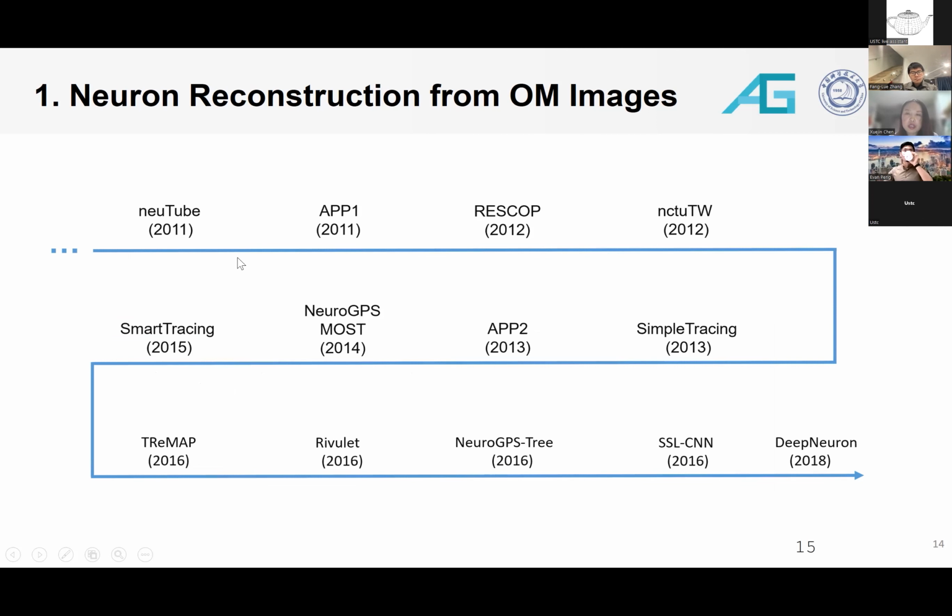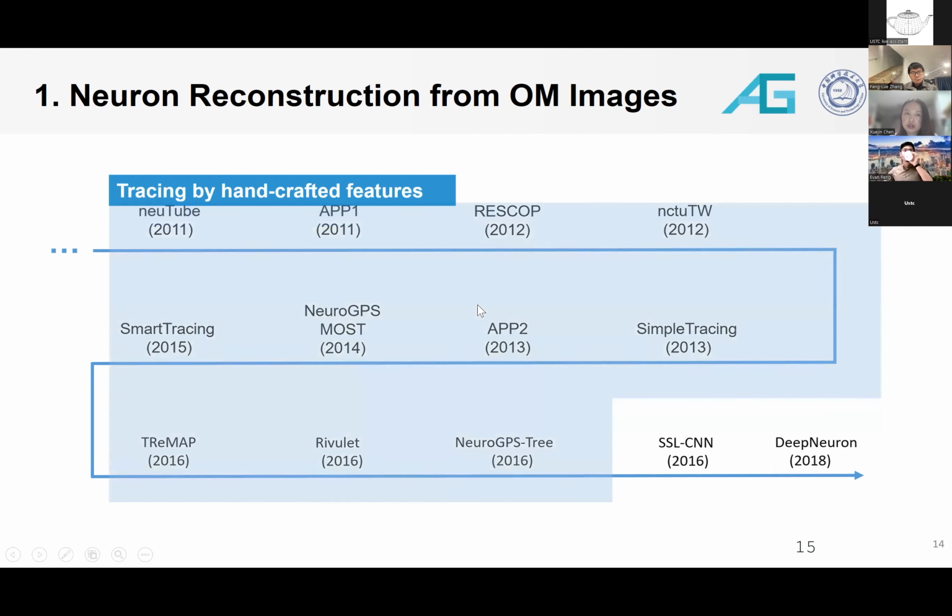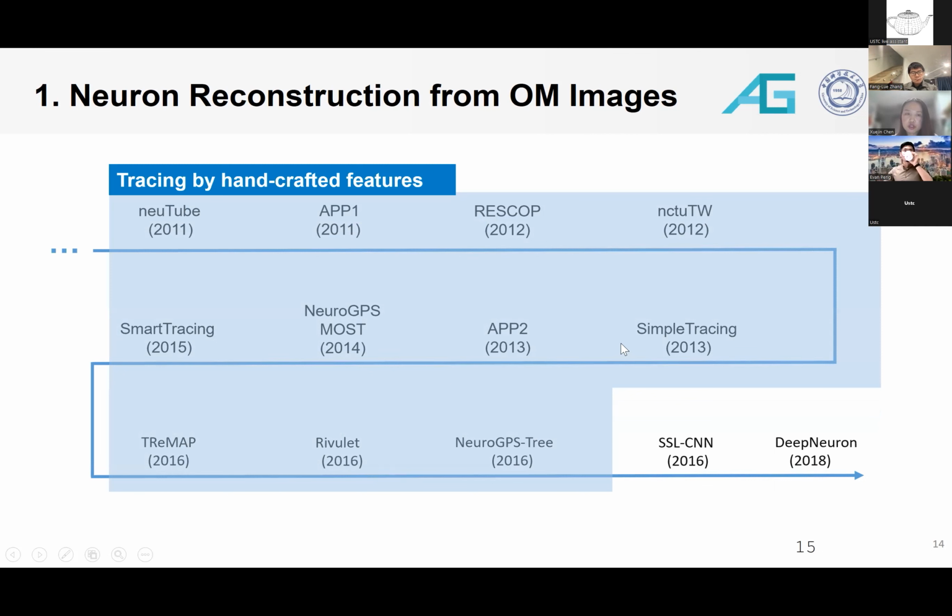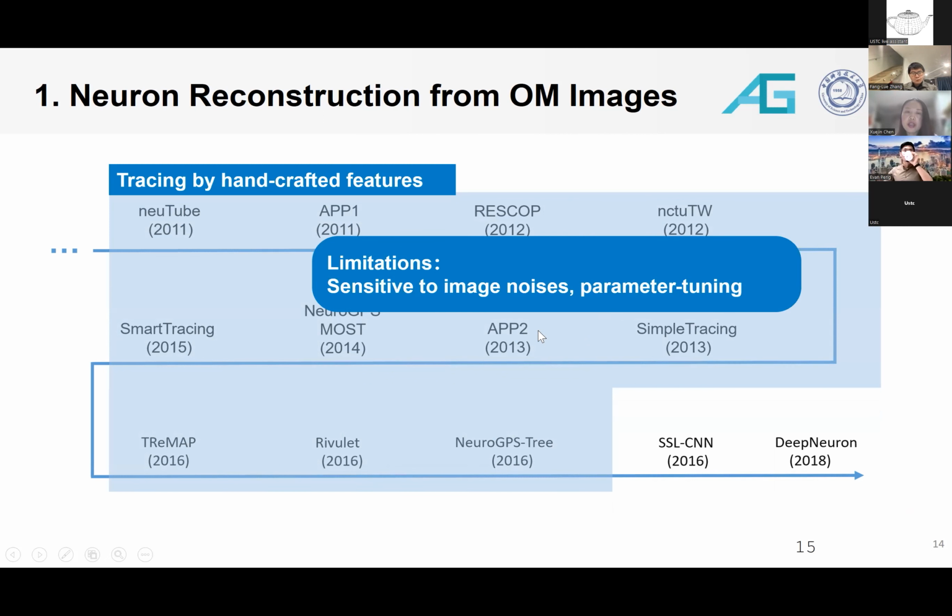There are a series of traditional methods for neural tracing with handcrafted features, but they are very sensitive to image noise and require parameter tuning.